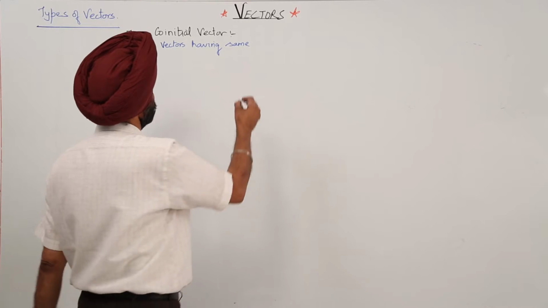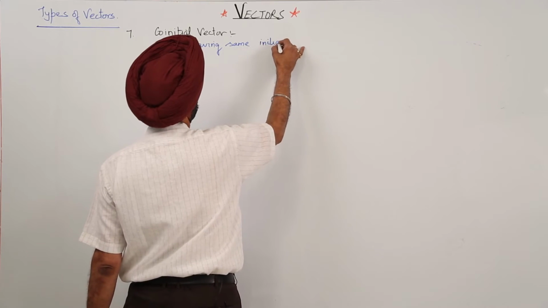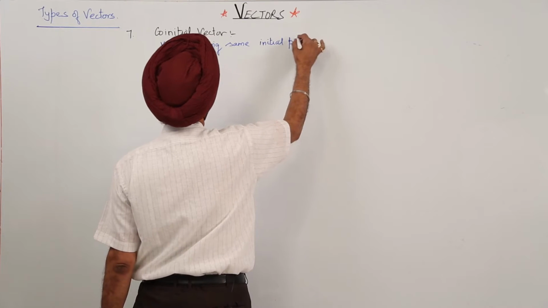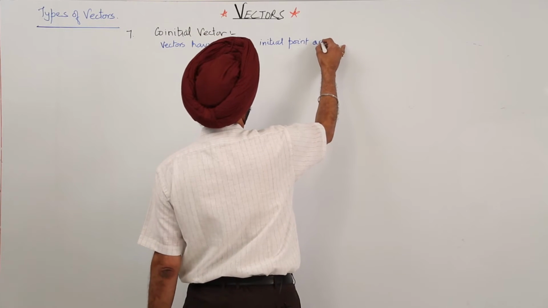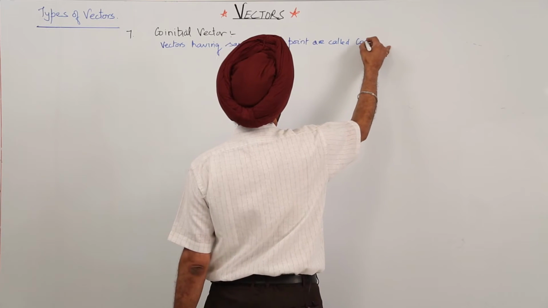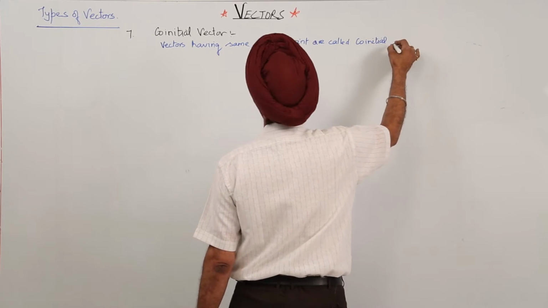Now, vectors having the same initial point are called co-initial vectors.